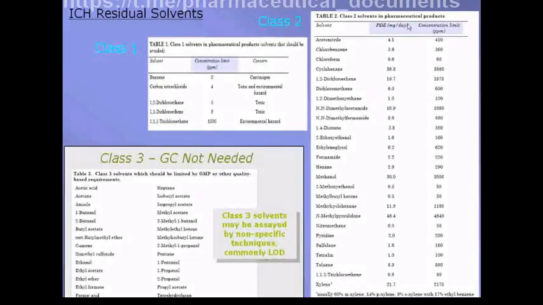So overall, what we see are the class 1 and class 2 compounds are the compounds we are testing for in USP 467, because those are the ones that are defined and need to be tested by a specific technique, like gas chromatography. Class 3 compounds do not need to be tested by a specific technique. So this comprises our analyte list for our residual solvent testing, class 1 and class 2 compounds.